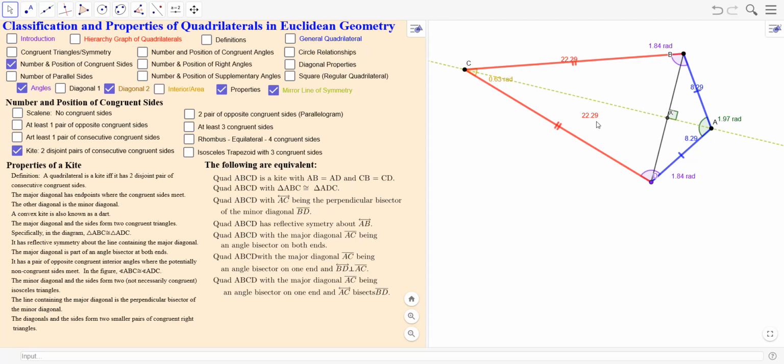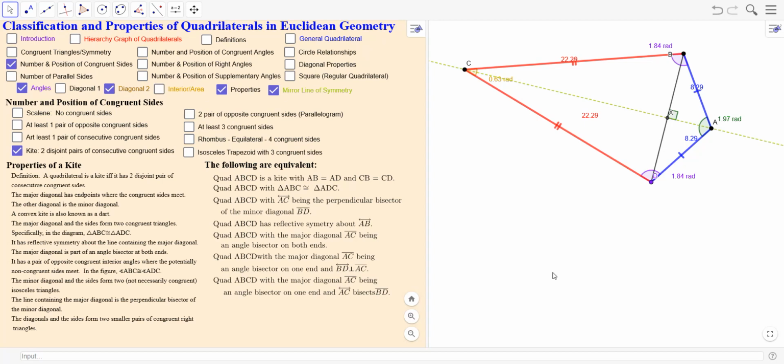If we look at the line containing the major diagonal and the minor diagonal there, we've got triangle ABX congruent to triangle ADX, and triangle BCX congruent to triangle DCX, with right angles all the way around at X. These follow our equivalent conditions.